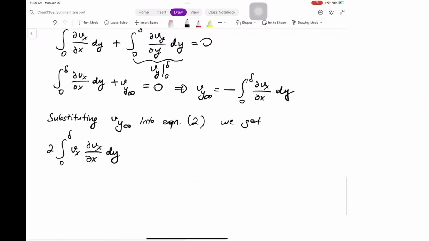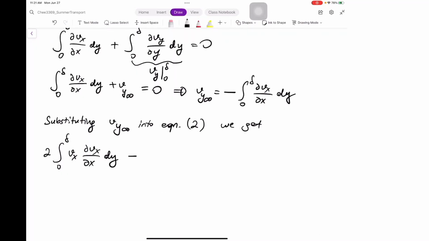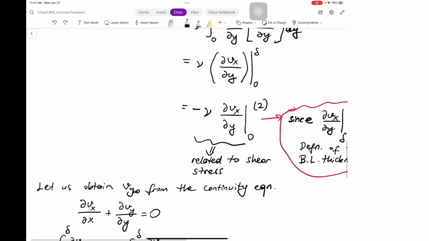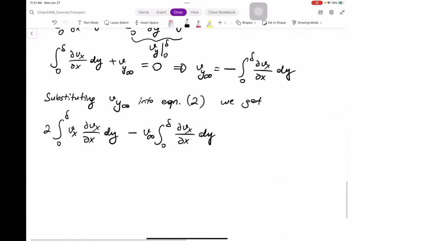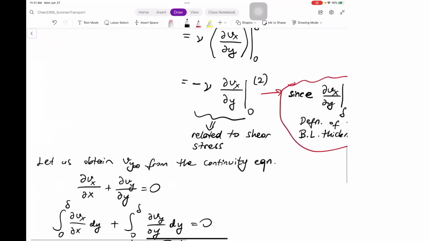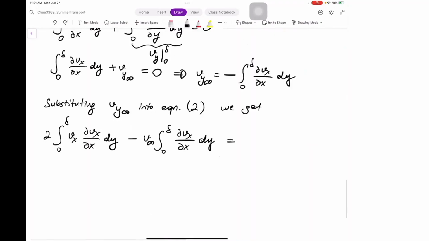Plus the Vy infinity, which is basically this thing, minus 0 to delta del Vx over del x dy, but you also multiply it with V infinity, okay, is equal to the right hand side, this thing, minus mu del Vx over del y, estimated at y is equal to 0.